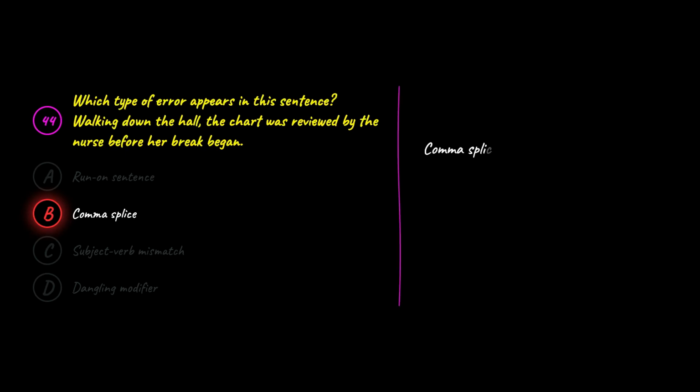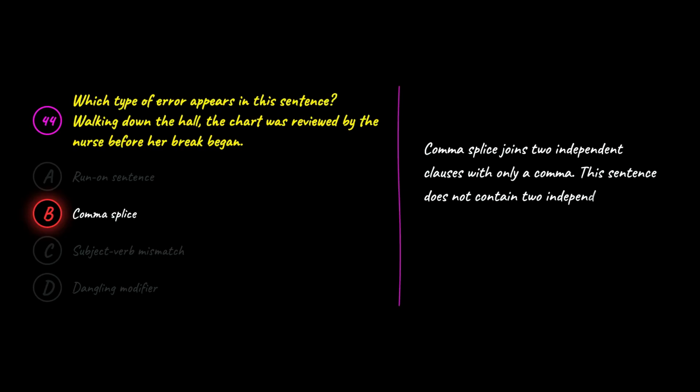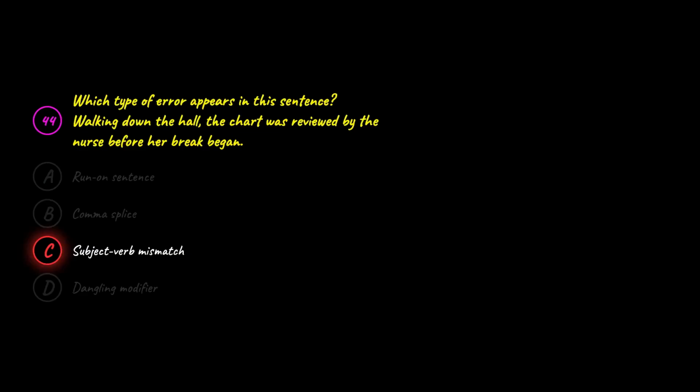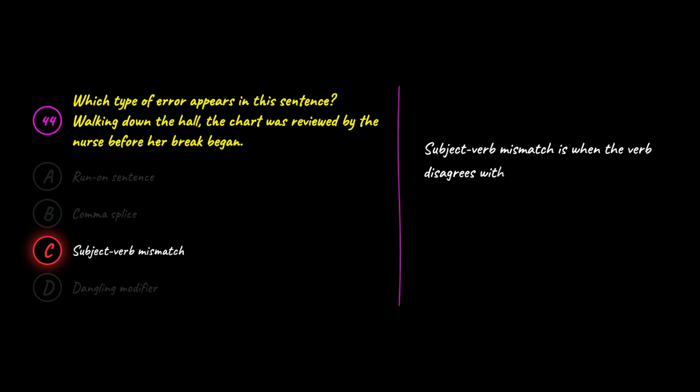B is wrong because a comma splice joins two independent clauses with only a comma. This sentence does not contain two independent clauses linked by a single comma, so the comma splice label does not apply to the error. C is wrong because subject-verb mismatch is when the verb disagrees with the subject.